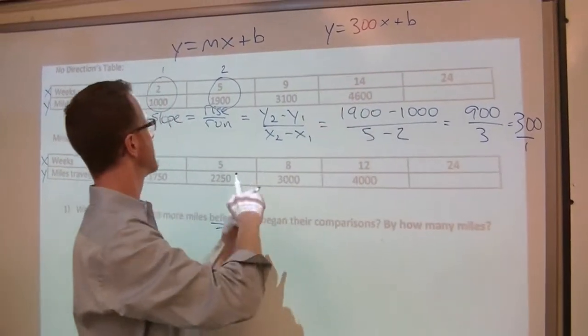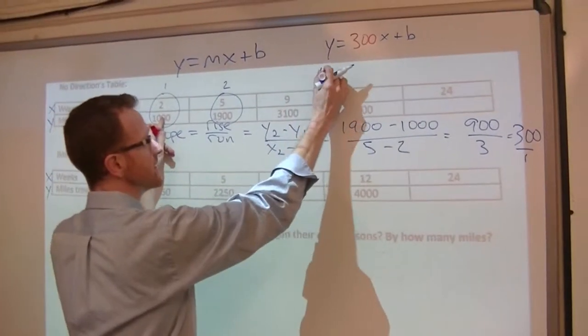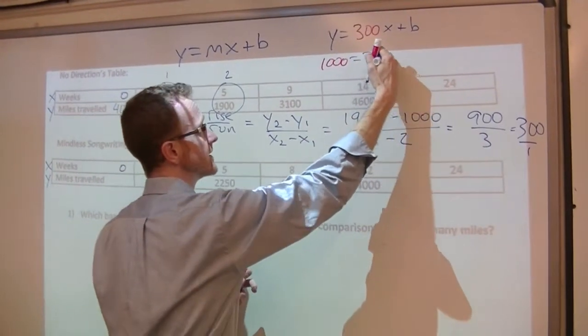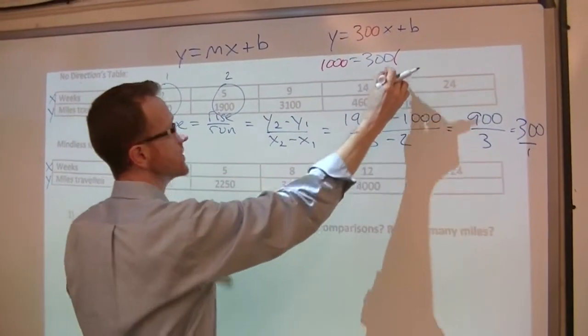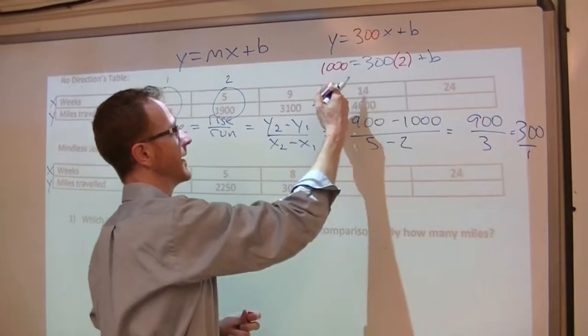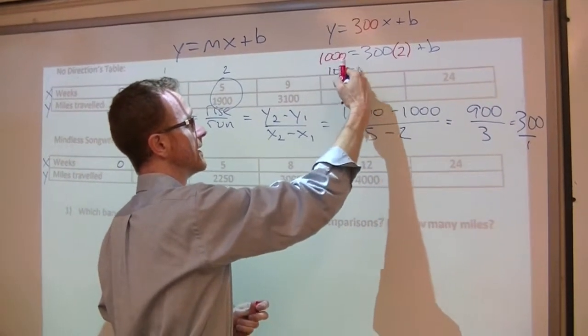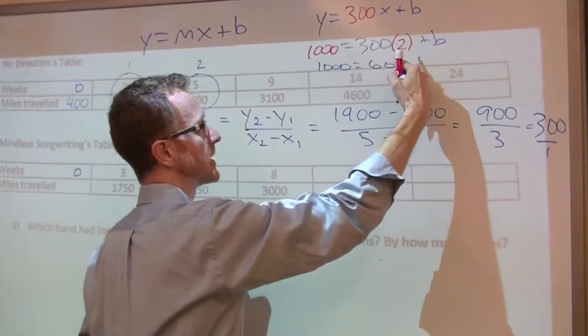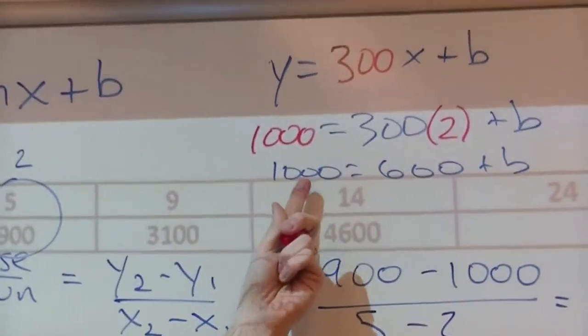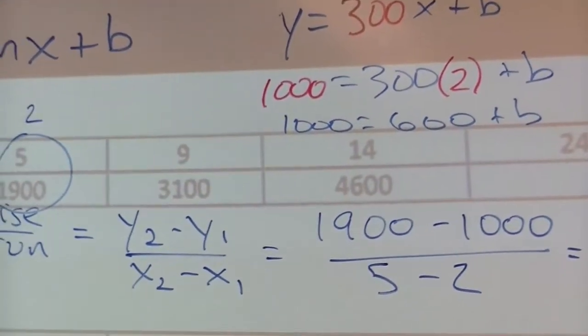So I know that 1,000 equals 300 times 2 plus b. And now I know that 1,000 equals 600 plus b. Subtract 600 from both sides, and I will get b equals 400, which is what I thought it was here.